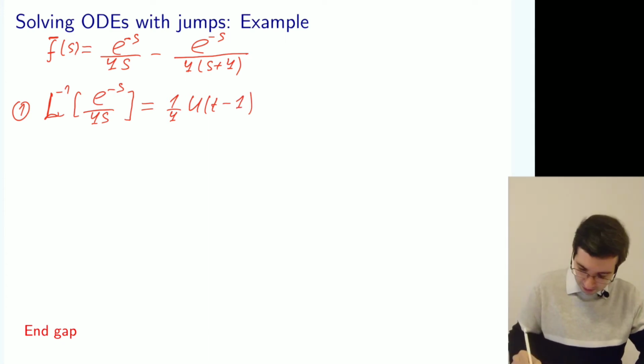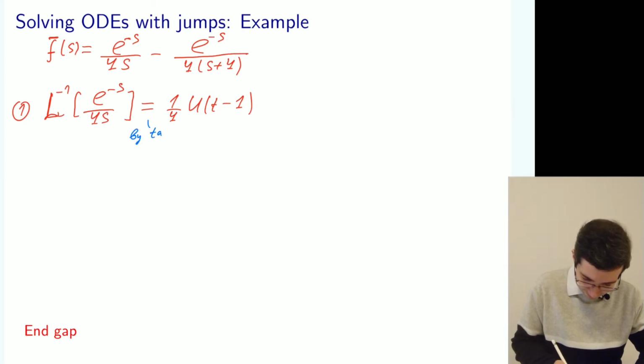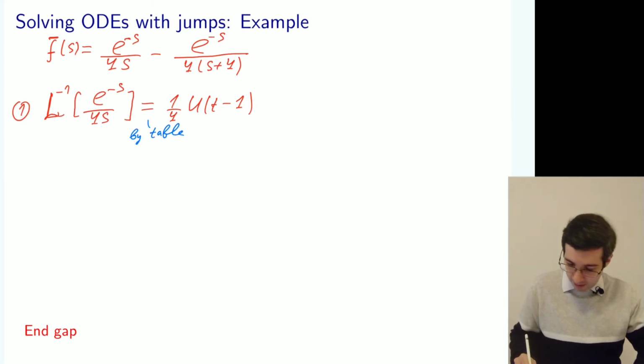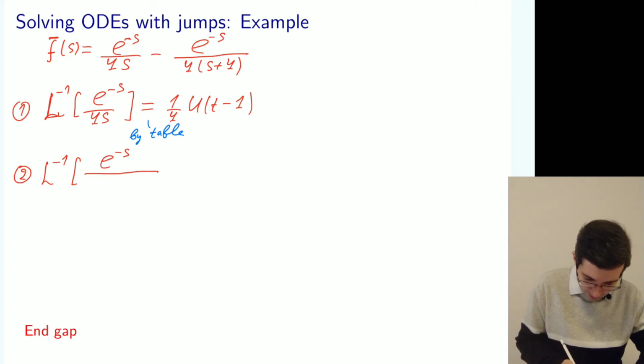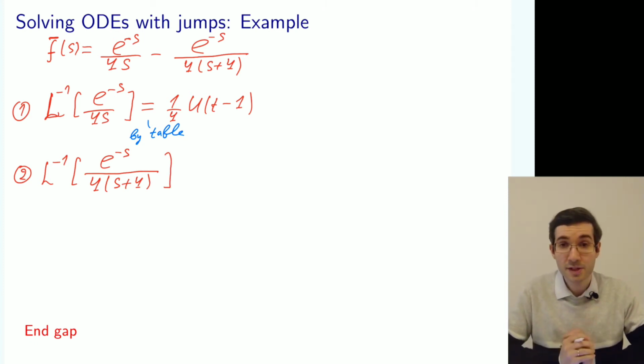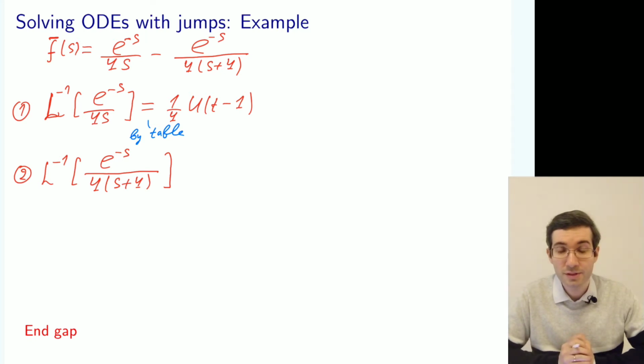So that's just a table. But the second expression is slightly more tricky. So you want to find a Laplace transform of an exponential over 4s plus 4. And that is not in the table. What do you think we should do here?